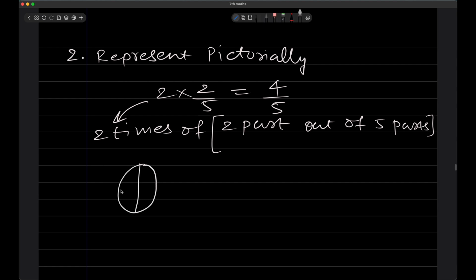We take a circle, divide it into 5 parts, that is 1, 2, 3, 4 and 5, and repeat this 2 times.